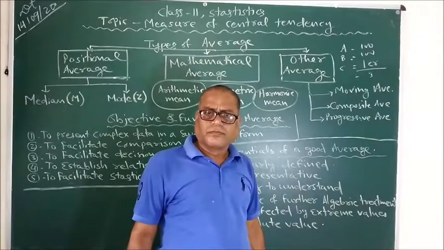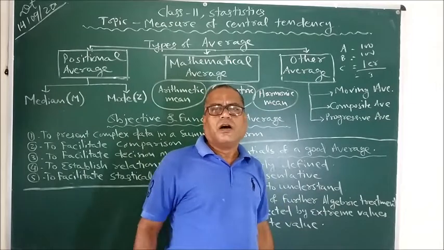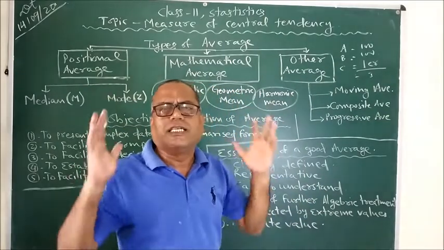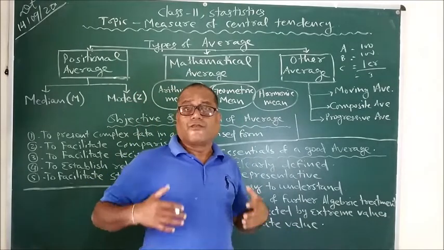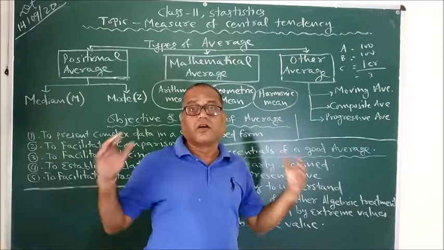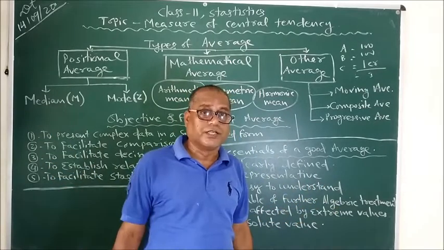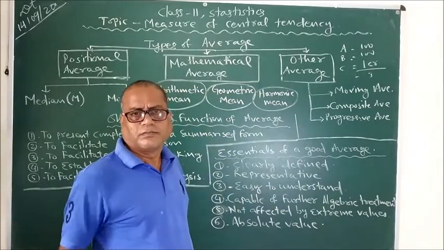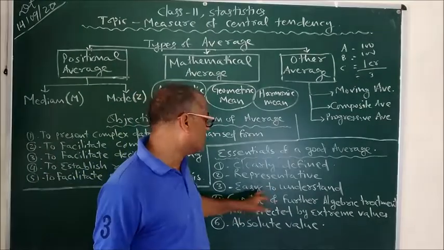The method to find an average, or the average itself, should be very clear, very easy to understand. It must not involve complex or very tough knowledge or specialization to understand the average. Means, यानी layman, आम आदमी के भी समझ में आ जाना चाहिए. That is easy to understand.